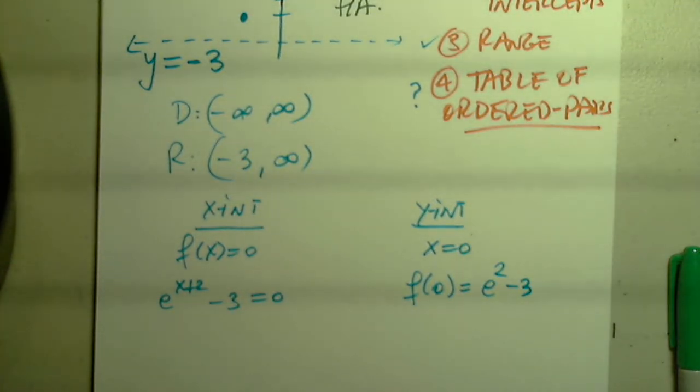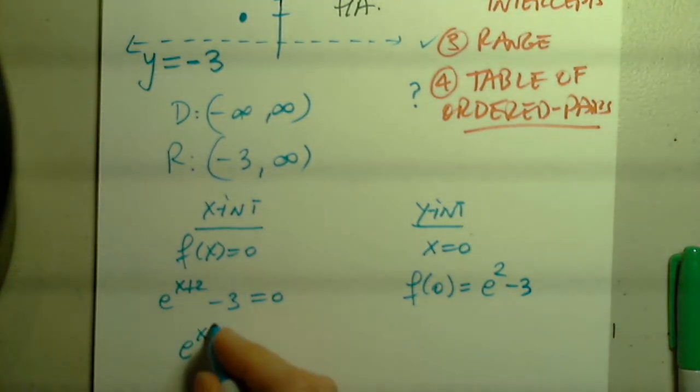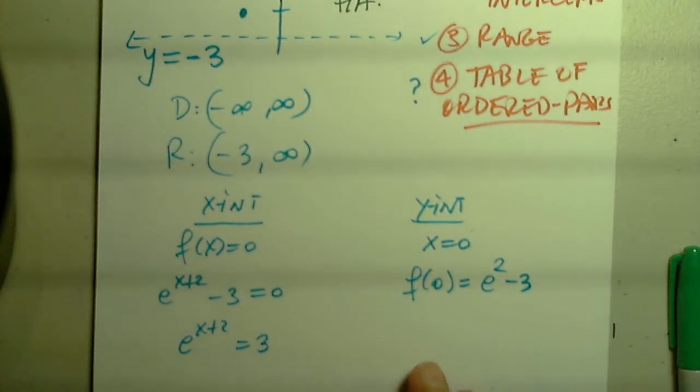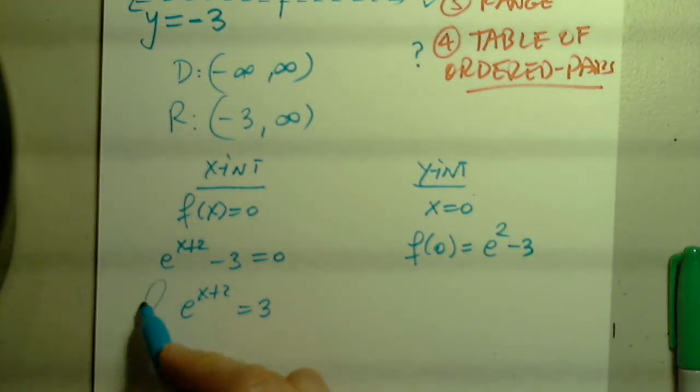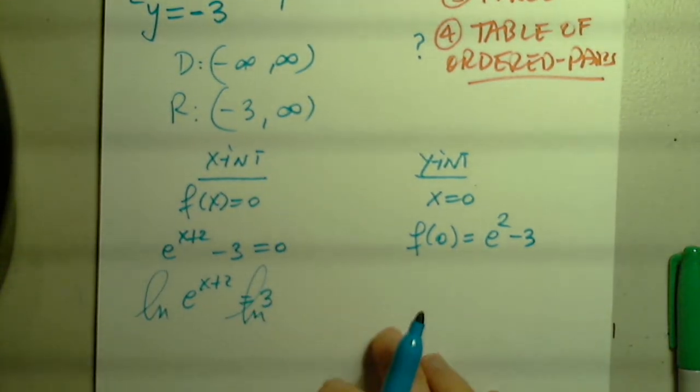For the x-intercept, add 3 to both sides first. Very good. e to the x plus 2 equals 3. And now? I think take the natural log. Very good. Apply natural log to both sides.